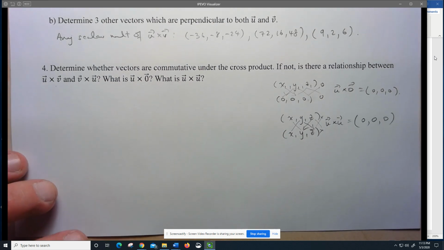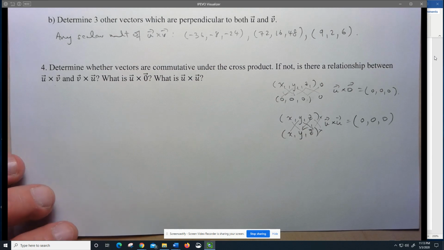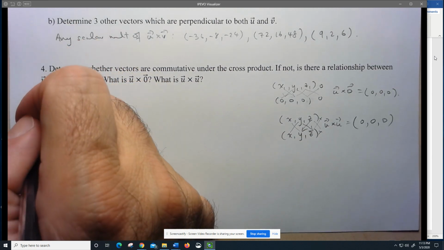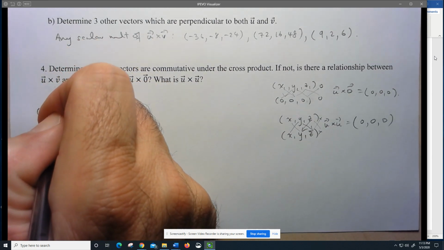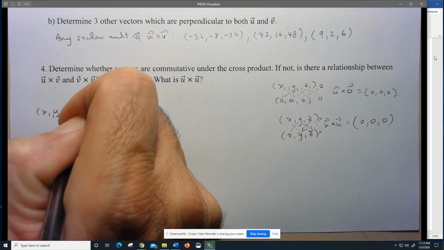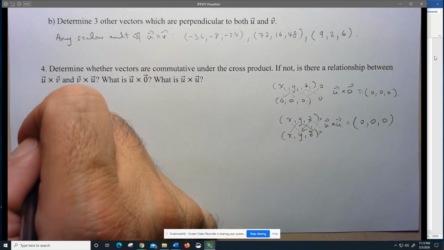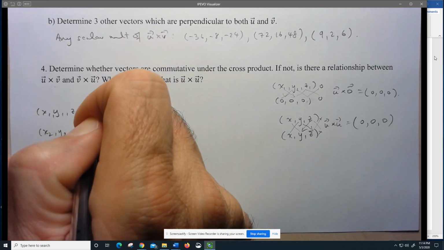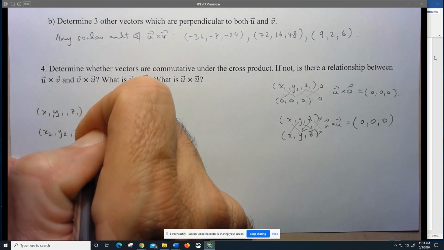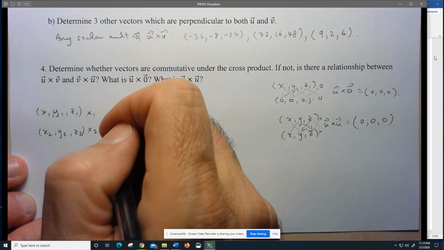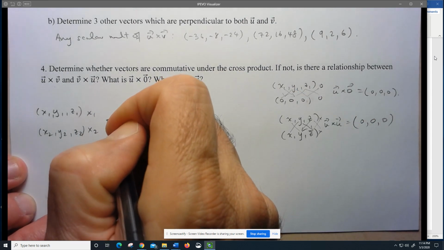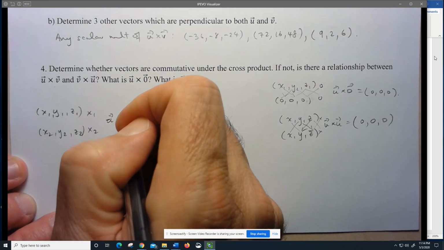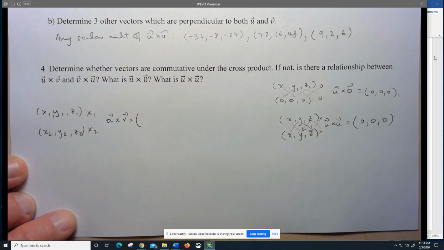Commutativity. Does it matter what order I go in? Okay, let's test here. x1, y1, z1, and x2, y2, z2. So I'm just going to write the first component, just the x.